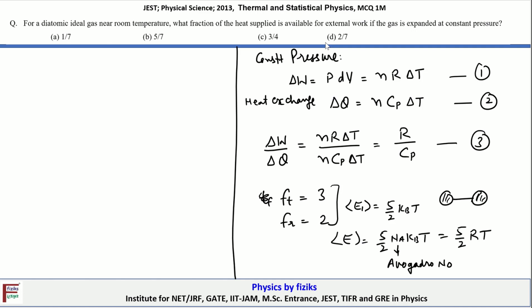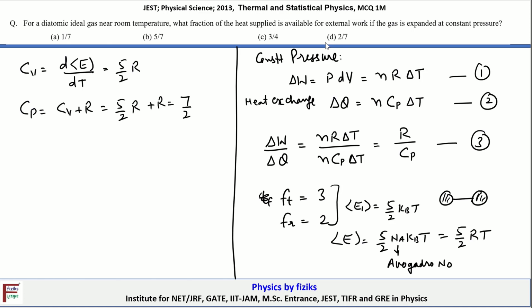From the average energy, we can calculate the Cv per mole, the heat capacity per mole, which is dE by dT, equal to 5 by 2 R. Therefore Cp, equal to Cv plus R, is 5 by 2 R plus R, which is 7 by 2 R.